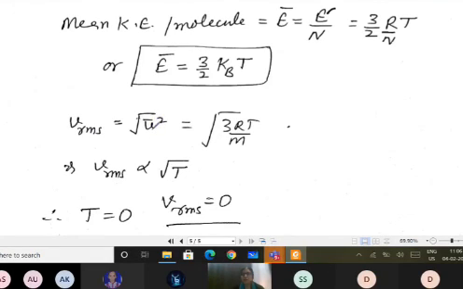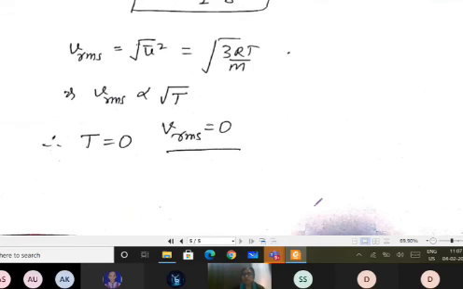So if I put the value, I'm getting 3RT upon M. This relation you can always derive, but to note is that Vrms is directly proportional to the square root of temperature. So if I am at 0 Kelvin, then Vrms will also be 0. So these things you have to keep in your mind. So for today, keep things up to this. Thank you everyone.